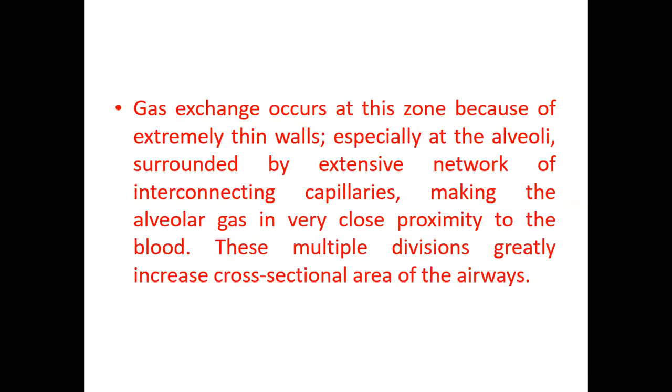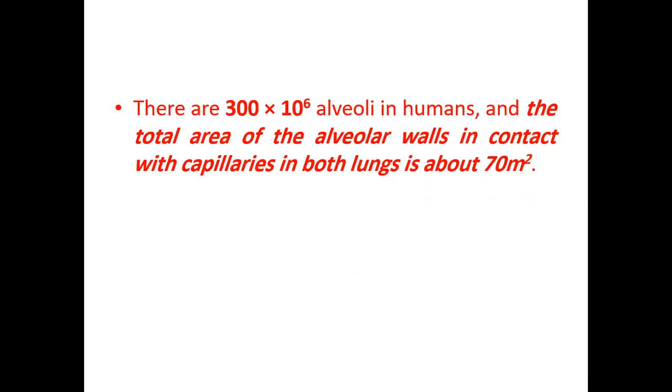Gas exchange occurs in this zone because of the extremely thin walls, especially at the alveoli, surrounded by an extensive network of interconnecting capillaries, making the alveolar gas in very close proximity to the blood. These multiple divisions greatly increase the cross-sectional area of the airways. There are 300 million alveoli in humans, and the total area of the alveolar walls in contact with capillaries in both lungs is about 70 square meters.